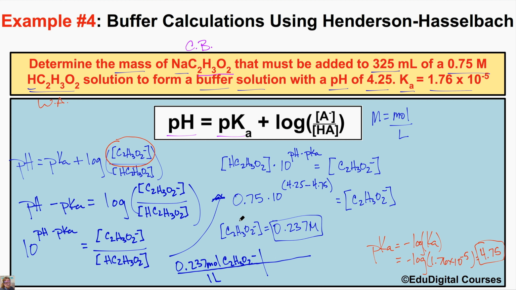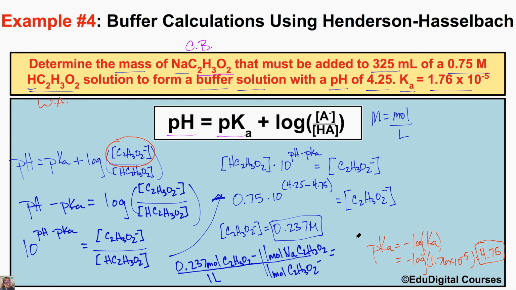If we take a look here, what is the ratio going to be of our C2H3O2 minus ions to this entire compound right here? It looks like we have a subscript of 1, so we have 1 acetate ion here. So we have 1 mole of C2H3O2 minus ions for every 1 mole of NaC2H3O2.